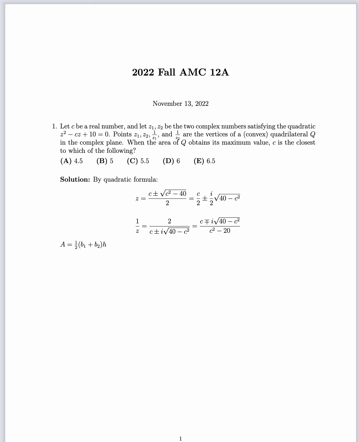So we can just add the imaginary parts of both complex numbers. Then we'll be getting the sum of the bases times 1/2. So the square root of 40 minus C squared plus the fraction of the square root of 40 minus C squared over C squared minus 20.